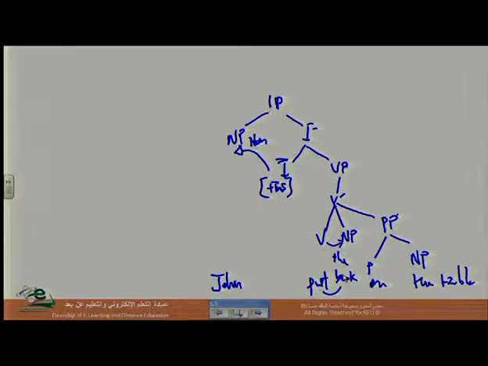The noun phrase here, the table, itself is the complement of the preposition on, and it will receive its case from it like that. Okay? Now, in this case, it will be some kind of oblique case.